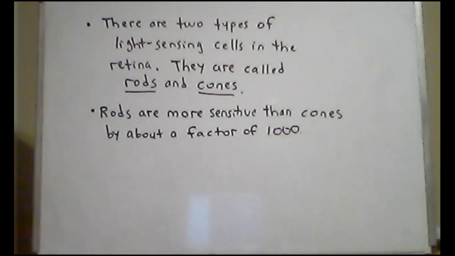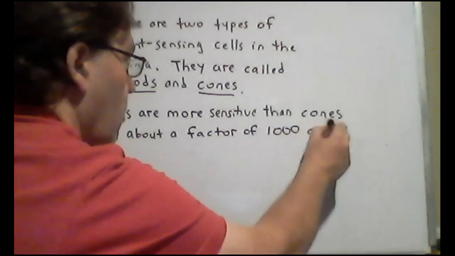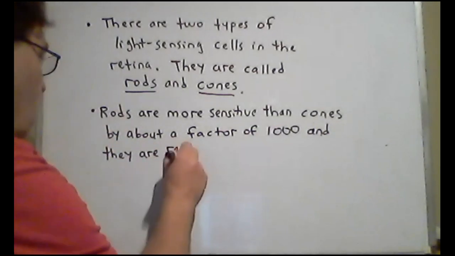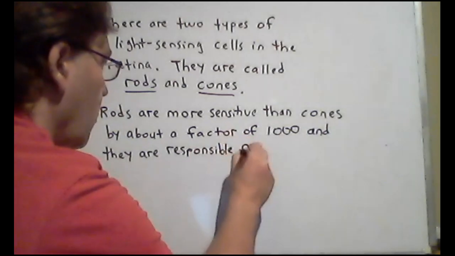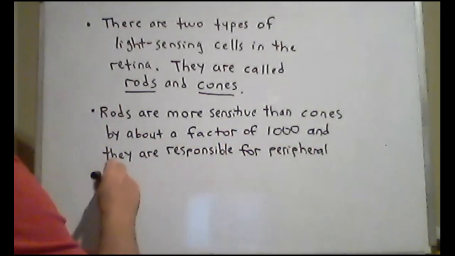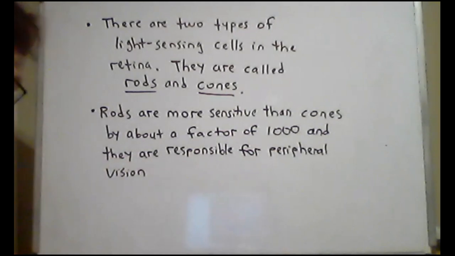The retina is the photoreceptor part of the eye. The rods are more sensitive than cones by about a factor of 1,000, and they're solely responsible for peripheral vision as well as vision in very dark environments.